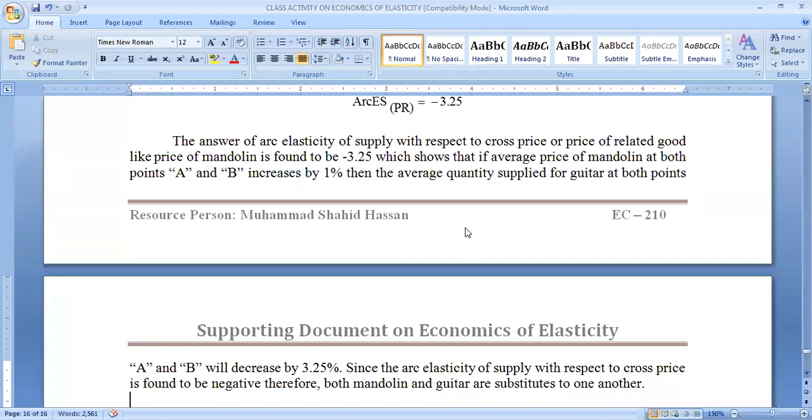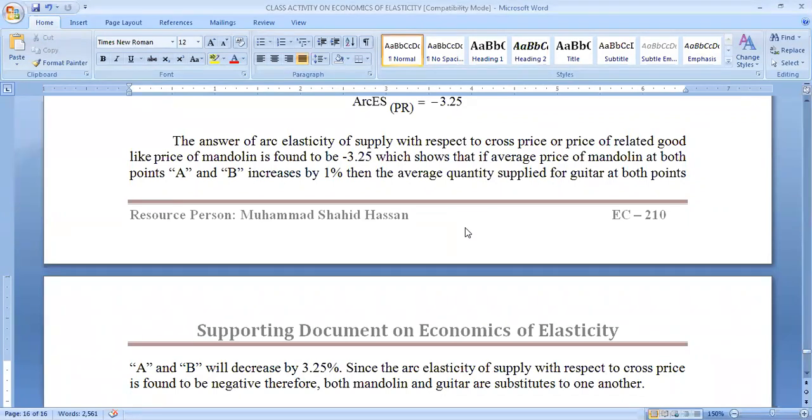When they look at mandolin and compare it with guitar, they will find an incentive in mandolin. So they would like to switch their investments from the guitar industry to the mandolin industry or mandolin firm, and as a result the number of suppliers in the mandolin industry will increase, while the number of suppliers in the guitar industry will fall. Resultantly, the quantity supply of guitar will fall while the quantity supply of mandolin will increase.